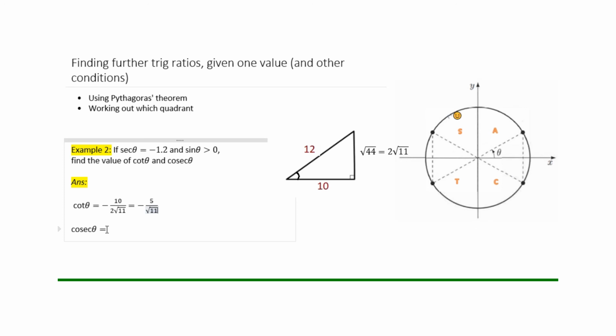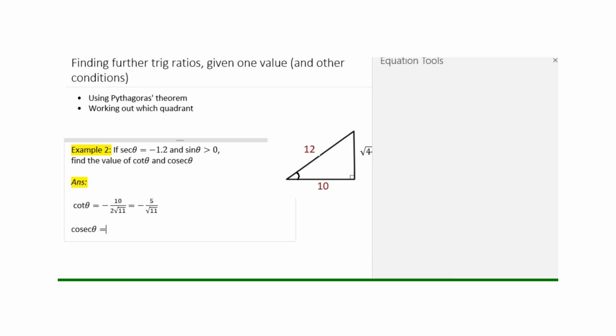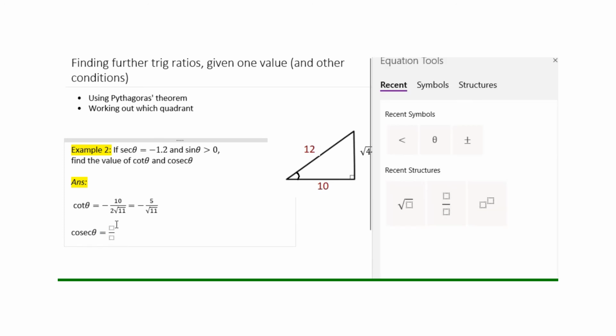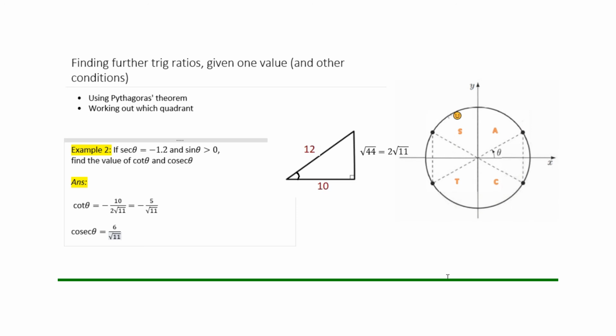Sine is O over H, so cosec is going to be H over O. So 12 over 2 root 11, so it's going to be 6 over root 11. And that's our answer.